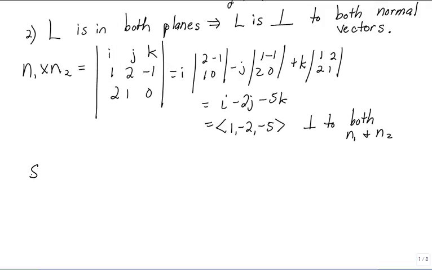And so for symmetric equations, all we need was the direction vector and a point.